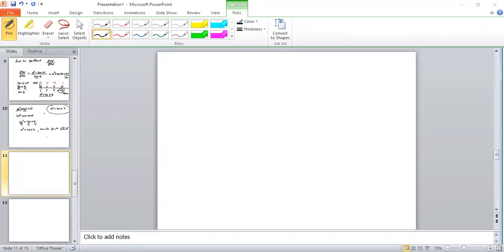Okay, so the first equation is given as P1 equals 50 minus 5Q1. Then P2 equals 30 minus 4Q2.